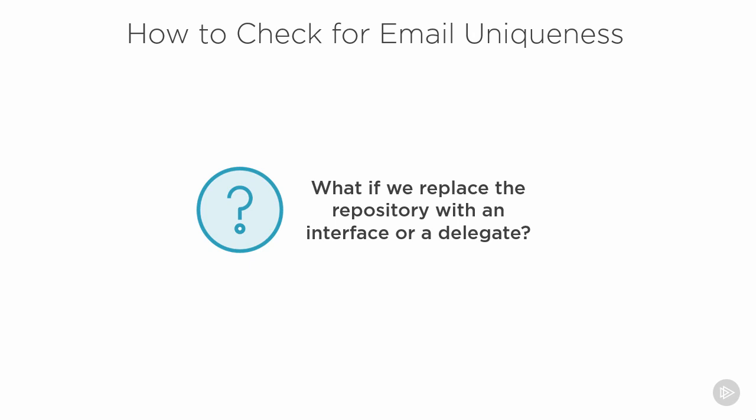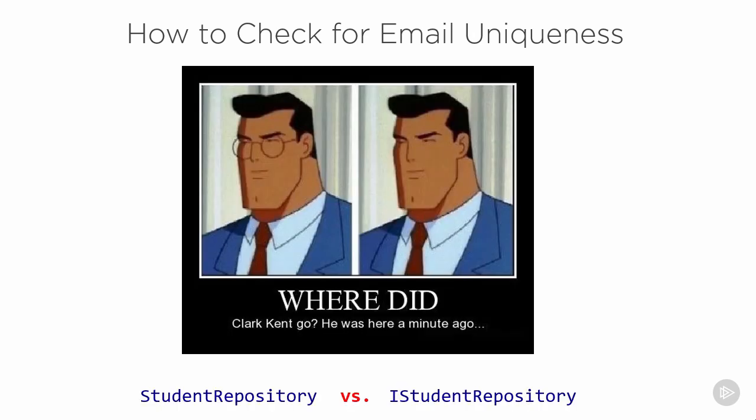Wouldn't that introduce an abstraction on top of the database repository and therefore help us decouple the domain layer from the direct reference to the database? No, it wouldn't. The dependency on the IStudentRepository interface is an explicit reference to the database. It is no different from the concrete student repository class. That's because the only reason for introducing this interface is to enable access to the database.